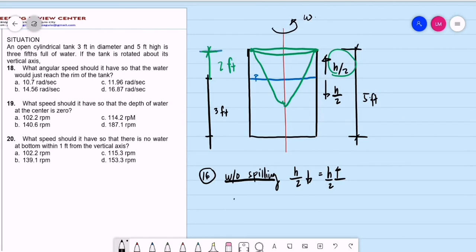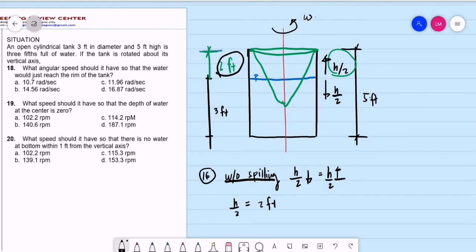Basically, h over 2 is equal to the free space, that is 2 feet. Or we may reword the question: what angular speed should it have so that the water would just reach the rim of the tank? That is the same as asking, what is the maximum angular velocity without spilling water?